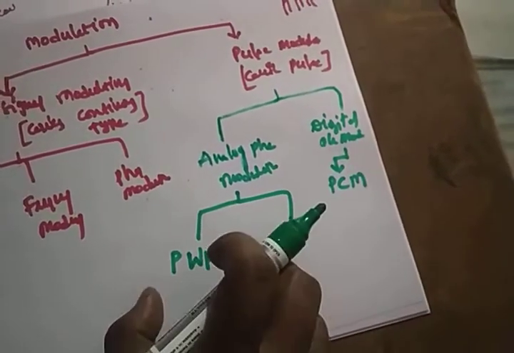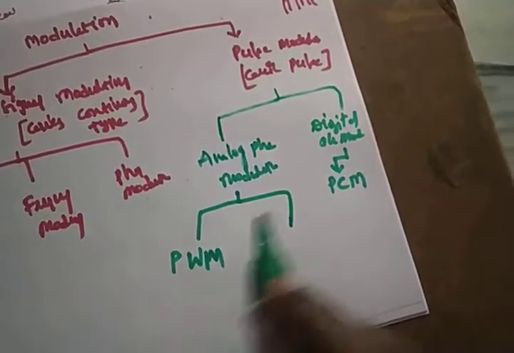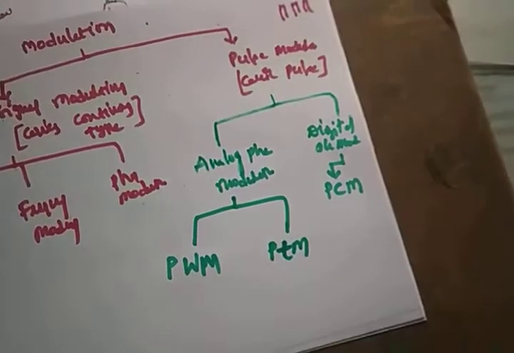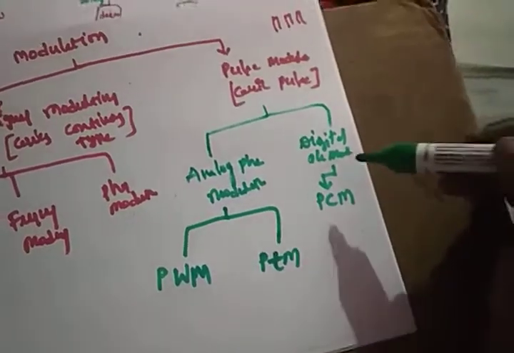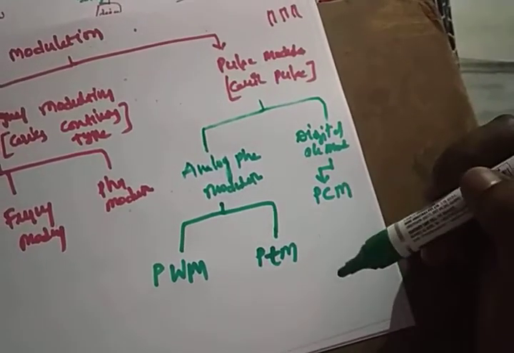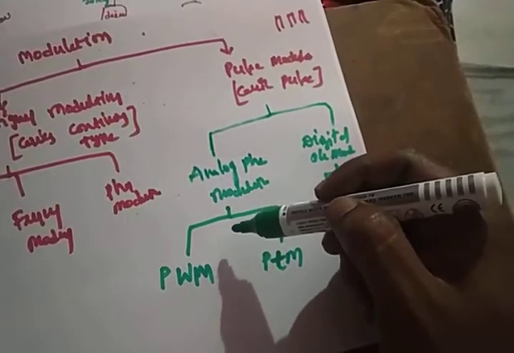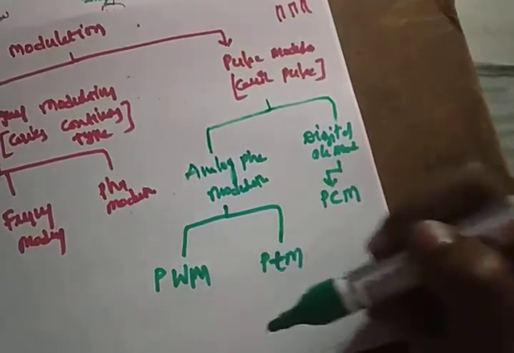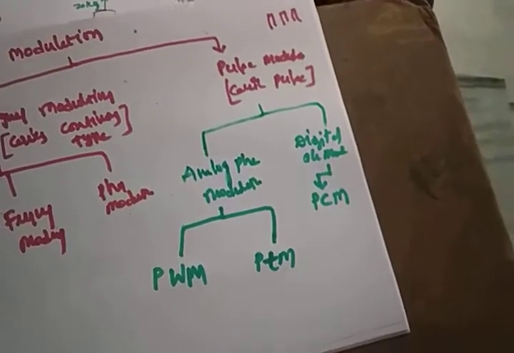Another type is pulse time modulation, PTM. So the digital modulation is PCM. Analog modulations are again two types: pulse width modulation and pulse time modulation.